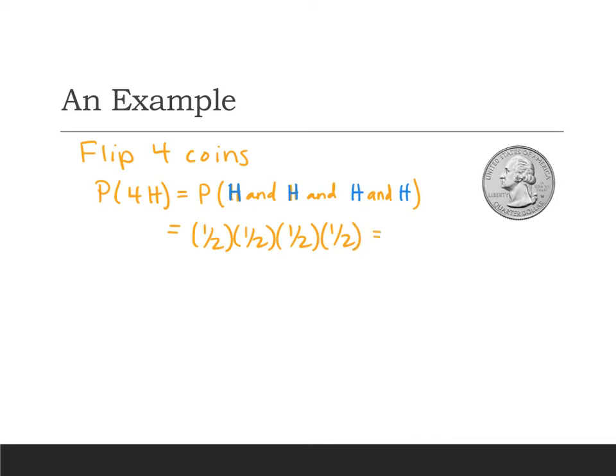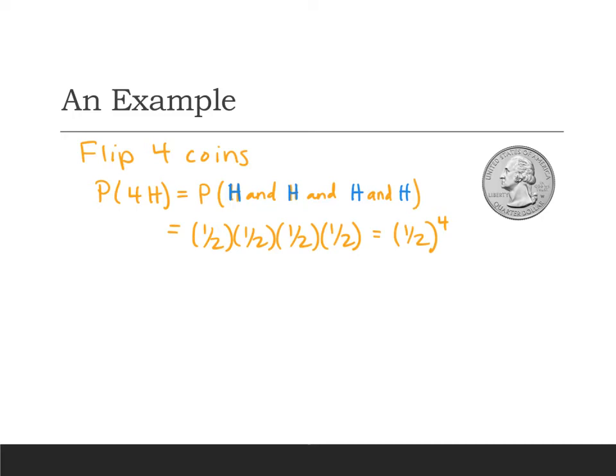But there's an easier way for us to write that and to compute that with our calculators, and that's using exponents. If we have repeated multiplication, you might remember this from school algebra class, and you may not. And if you don't, then now I'm telling you. Repeated multiplication can be simplified using exponents. So I can take 1/2 and raise that to the 4th power, and that's going to give me the same answer as if I just multiplied all those out.